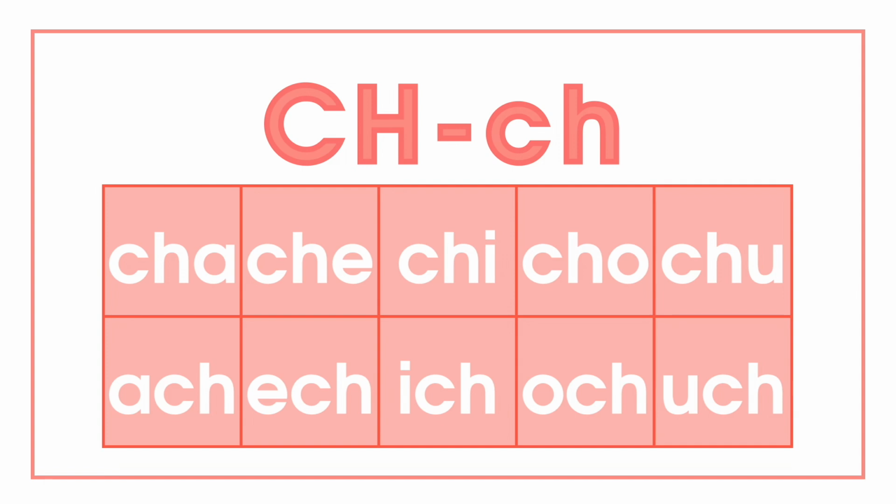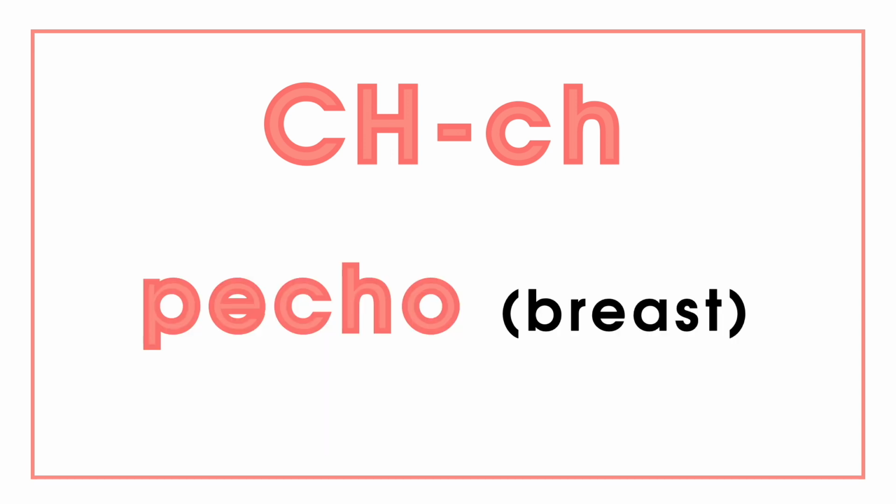Some sounds don't have inverse syllables. In fact, they are part of the next syllable in a word and therefore become direct syllables, like in the case of the ch sound in the word pecho. The inverse syllable ech doesn't exist.